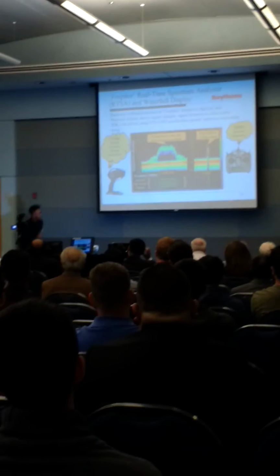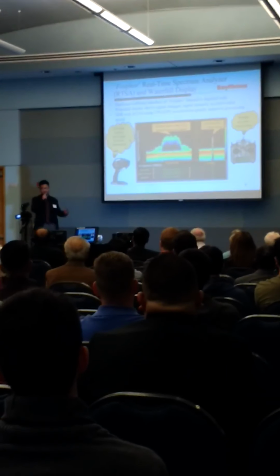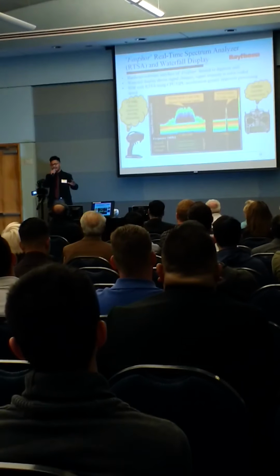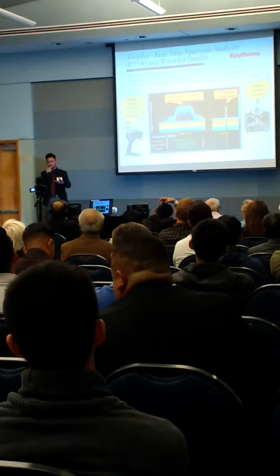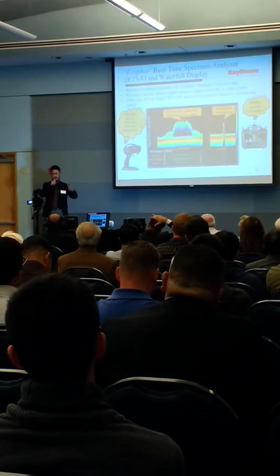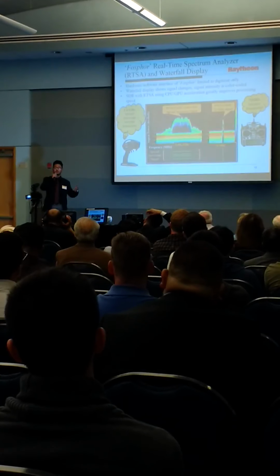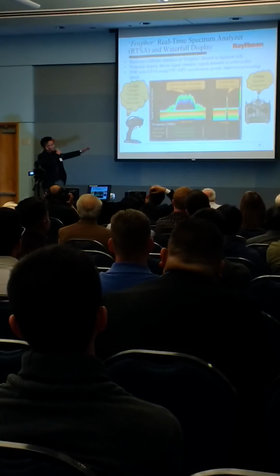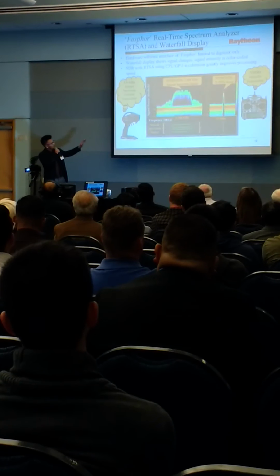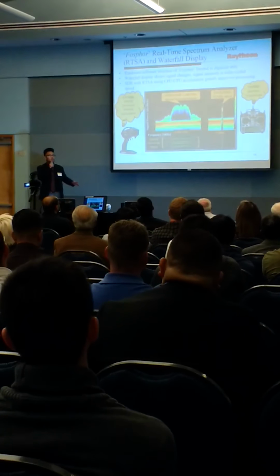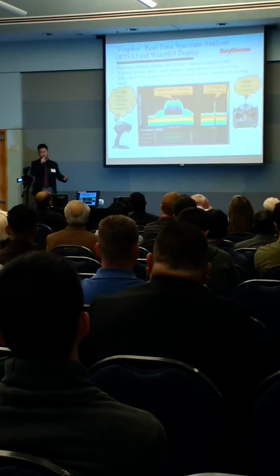Thank you, Samuel. And now I'm going to be talking about our system test results. But before we do, I want to talk about the phosphor real-time spectrum analyzer, or RTSA, with the waterfall display. The importance of this is how it complements the alarm system when an intrusion signal is detected. So again, we're analyzing the 72 megahertz intruder transmitter as well as the 2.4 gigahertz spread spectrum intruder transmitter.